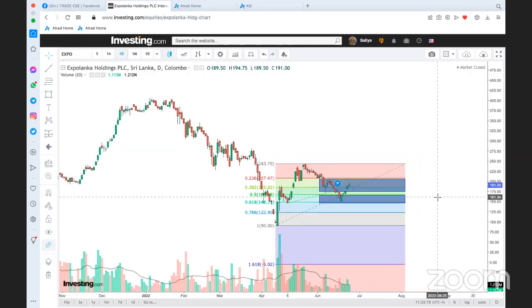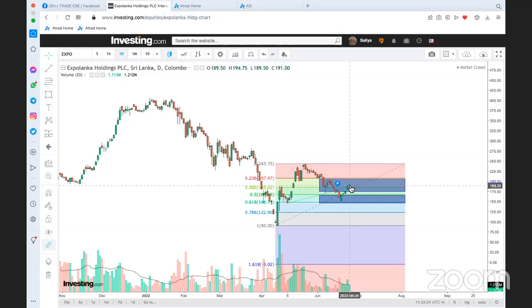Another reason as to why I am taking this as a resistance level is because of this candle. But the only good thing for this candle is it's a bullish close. But the difference is only 50 cents. Inside this body, you have an open and a close. Open is at 189.50 and the close is 191, right? So that's like ₹1.50. Whereas the top is 194.75, right?